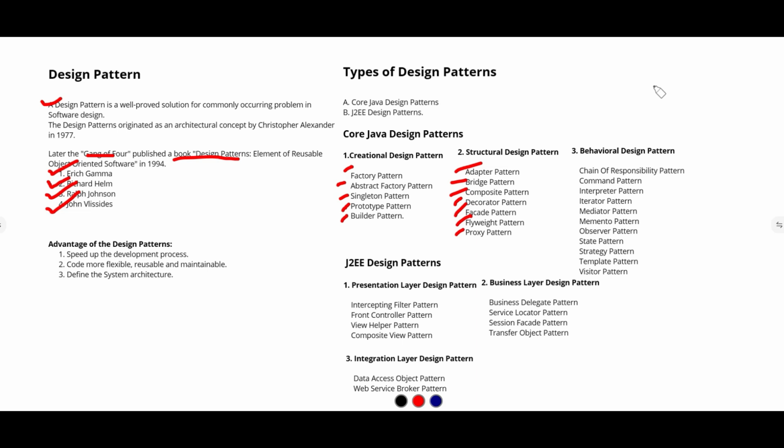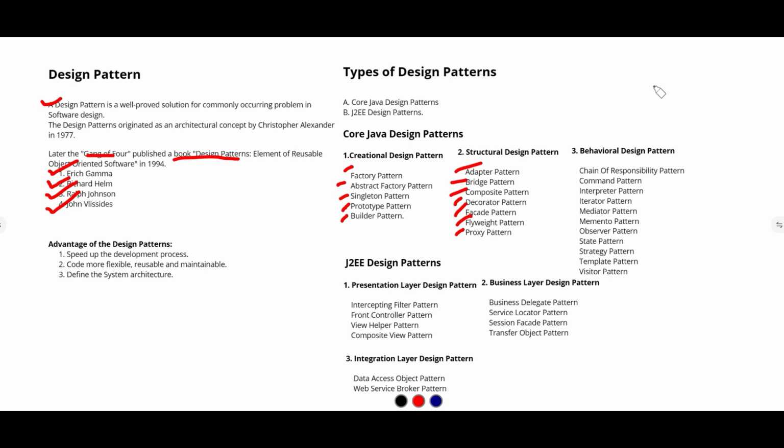Understand? Okay, the thing is that these two objects, we don't want to compose, but we need to establish a communication. So when we need to establish a communication between these two objects, then we need to use the behavioral design patterns.